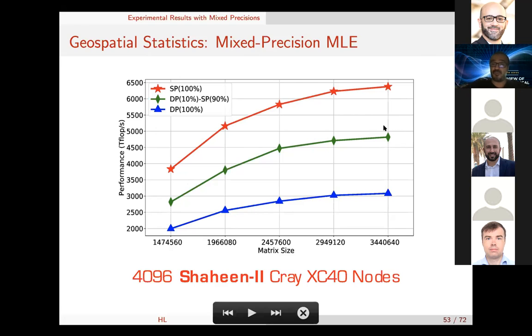So there is a huge performance gain, because you would not do double precision everywhere; you would require it only in some part of your matrix. And elsewhere you could do single precision. By consolidating those 2 precisions in one operation, the Cholesky factorization, you get a huge performance boost.